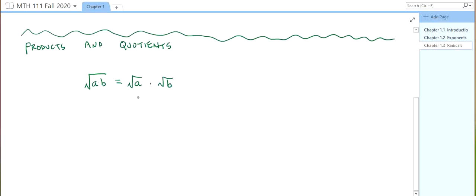So you can split those up like that. Conversely, if you take the root of a over b, this is the same thing as the root of a over the square root of b. Square root in this case.